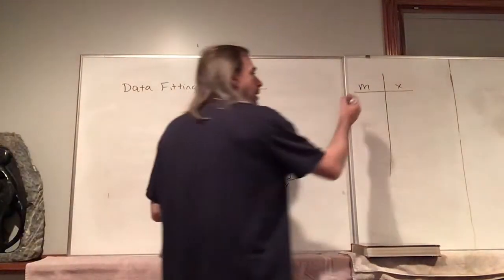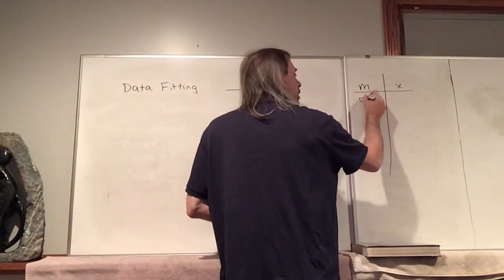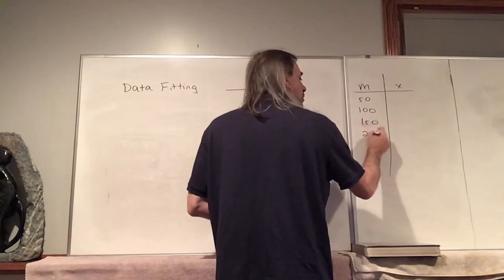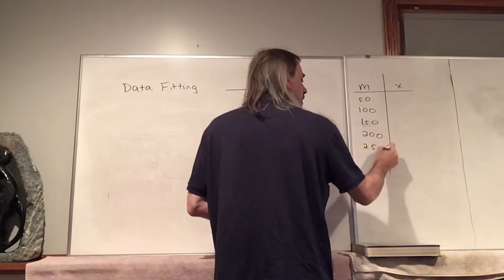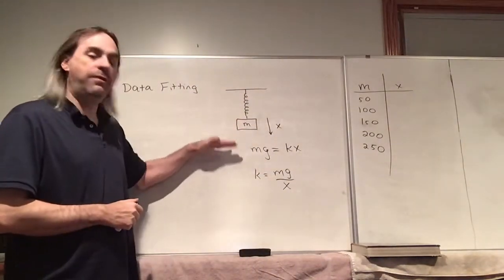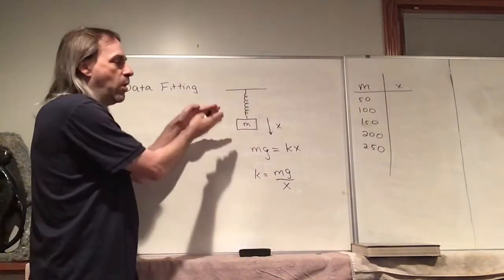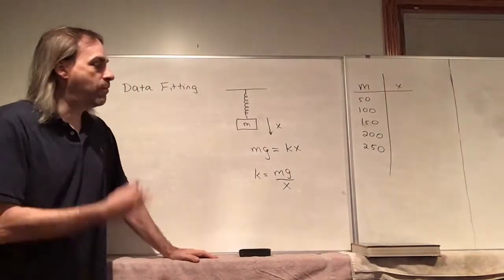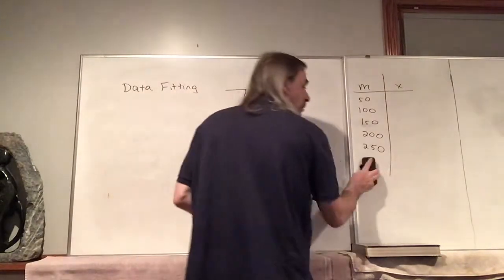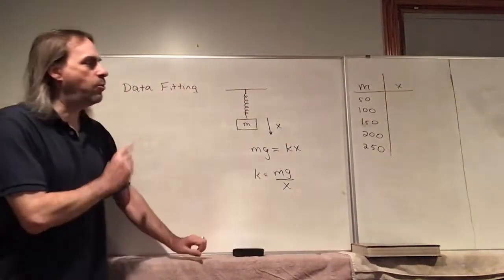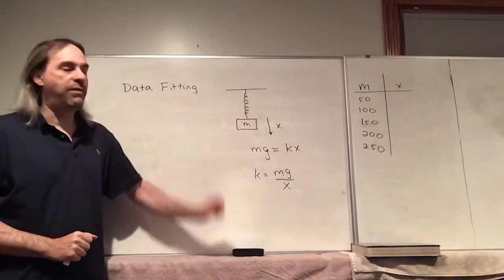Let's say we have 50 grams, then 100, 150, 200. We'll stop here. Say we'll do 5 measurements. So you just keep adding 50 grams every time. Watch the spring, record how much it stretches, and then that would be the data that we have from the experiment. And the question is, how do we get k out of this data?